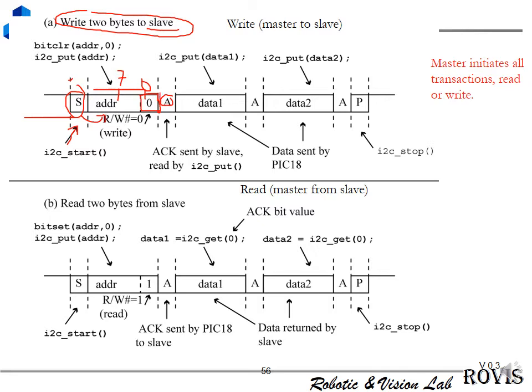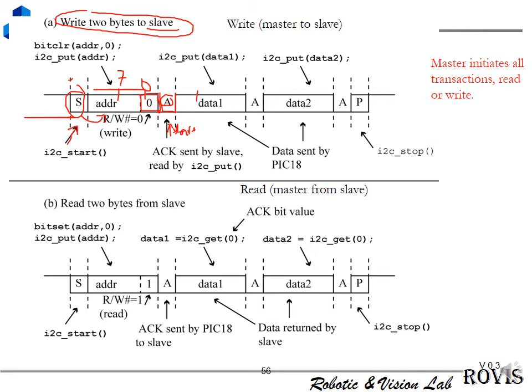That means the slave will transmit a bit to the master, and then the master transmits the data.